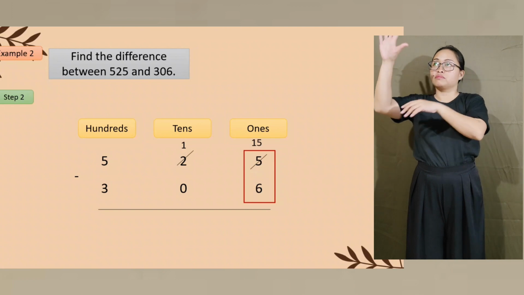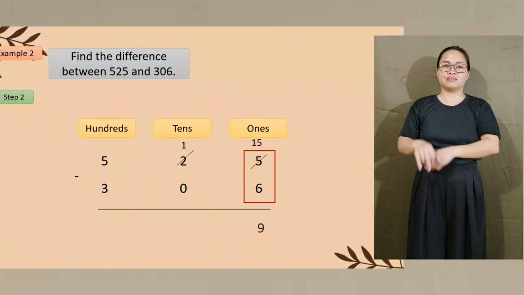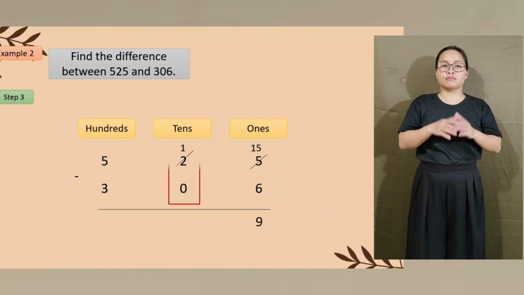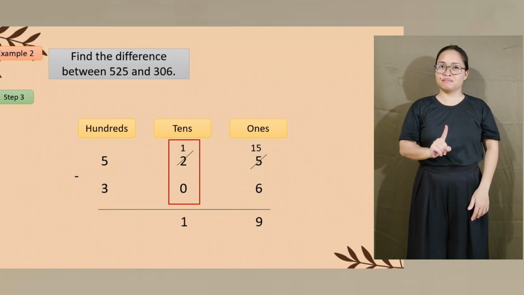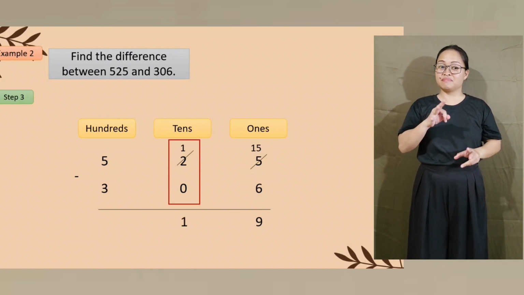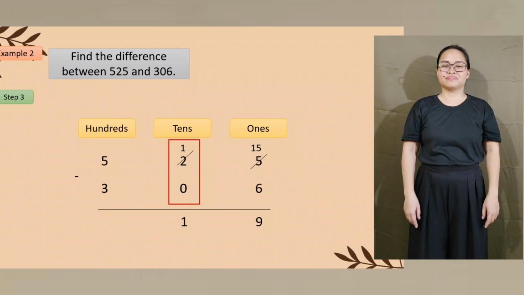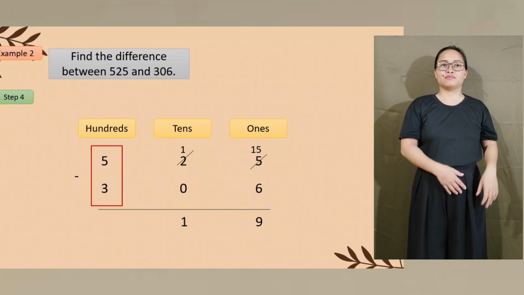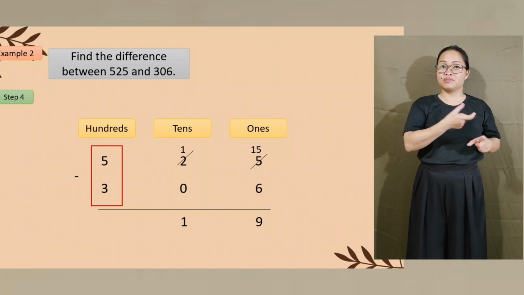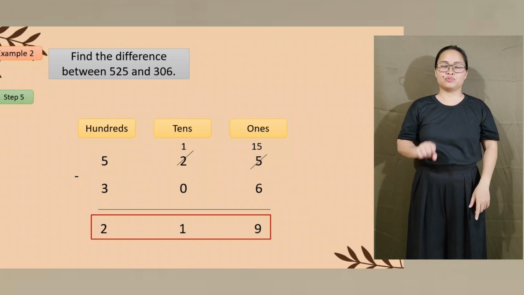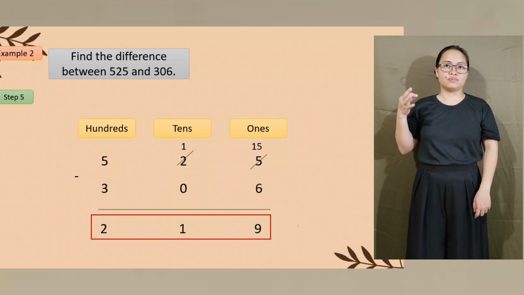So 15 minus 6, we are left with 9. Next, 1 minus 0. 1 minus 0 is still 1, since any number from which 0 is subtracted, the answer is the number itself. Lastly, 5 minus 3. If we take away 3 from 5, we are left with 2. So the difference between these two numbers is 219.